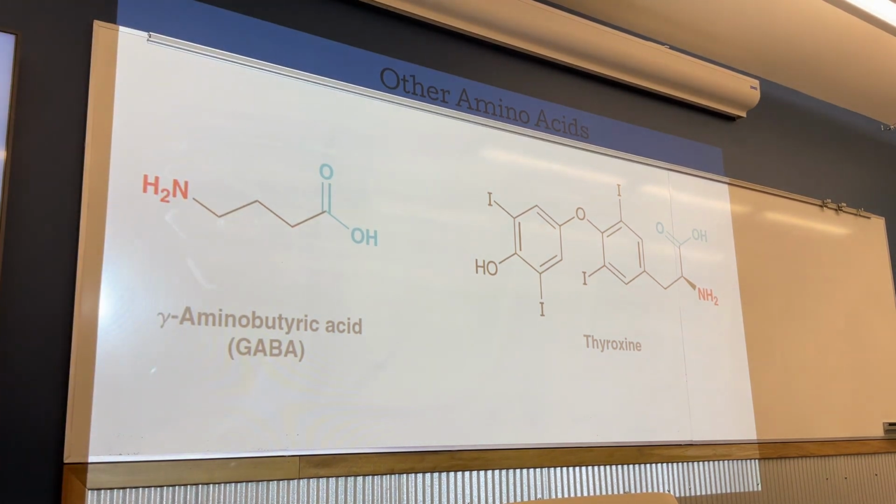GABA is a neurotransmitter, and so it is responsible for giving us a calming effect, actually. And so as a result, I don't know if you've heard of the drug gabapentin or not, but it is used for epilepsy treatment.